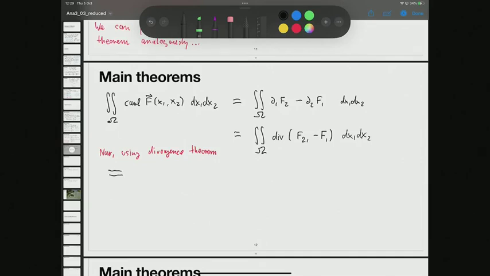Okay, it's another curve integral, namely it's a curve integral along the boundary, well, of this new vector field F2 and negative F1 multiplied with the outer unit normal.